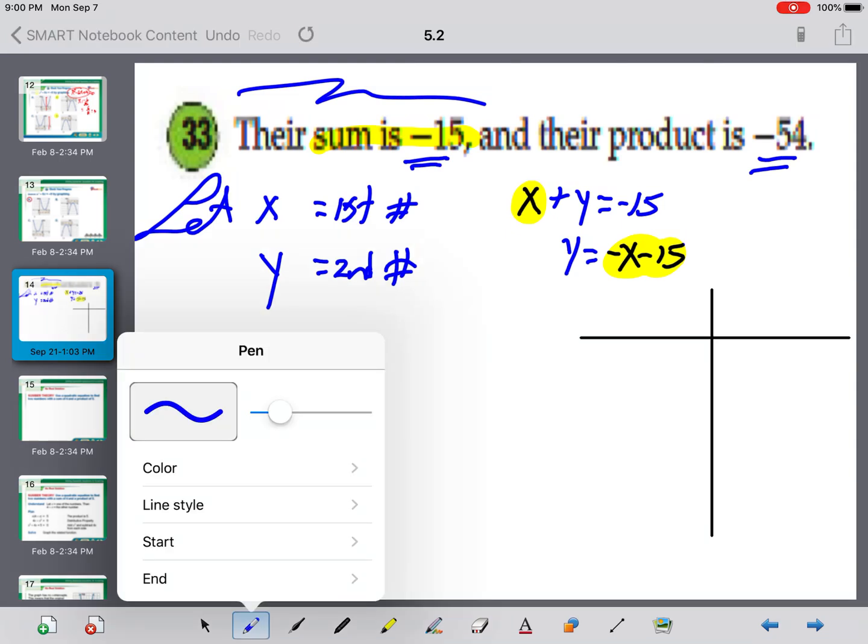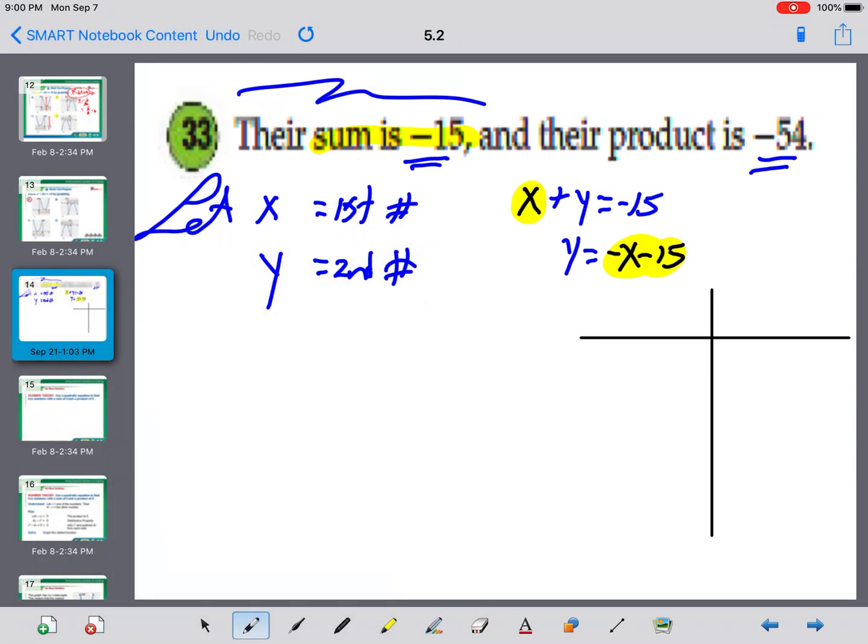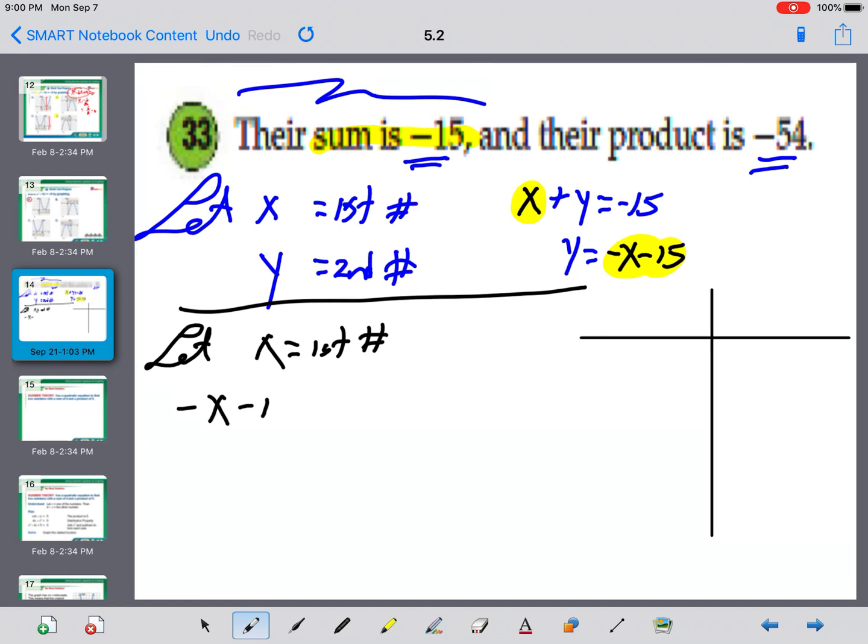You would never see that the first one can be x and the second one would be negative x minus 15. You just wouldn't see that. So I kind of tricked us here in doing this way. But it's a trick. So I'm going to put my real definition of variables: x is the first number, and the second number is negative x subtract 15.